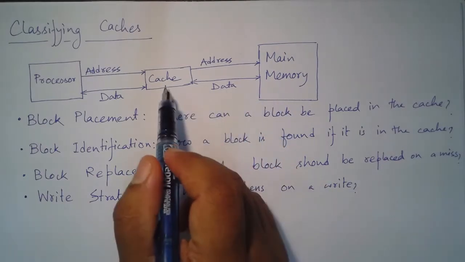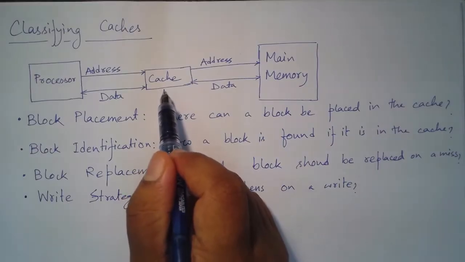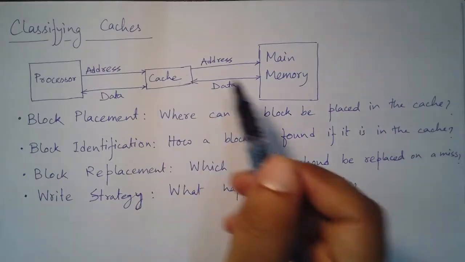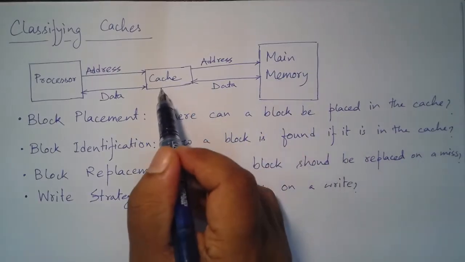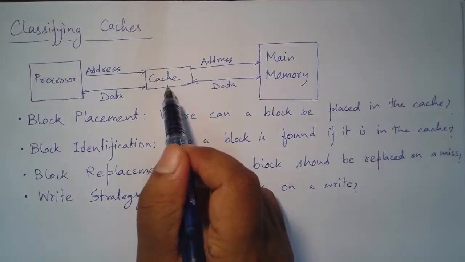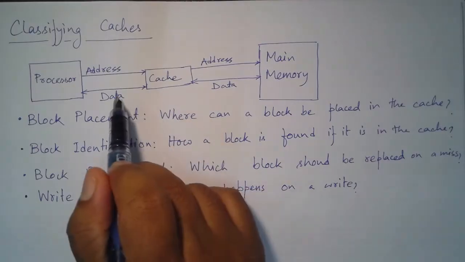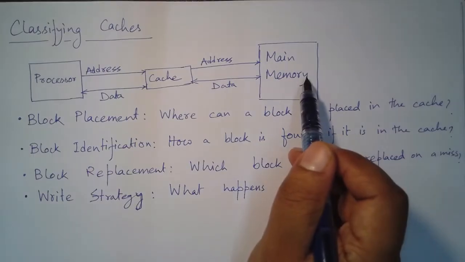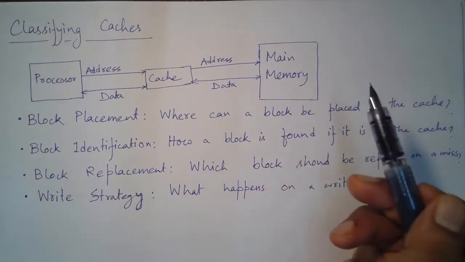Or if the data is not available in cache and the processor wants to write, do you first bring the data from main memory to cache and then write, or do you directly write in the main memory?